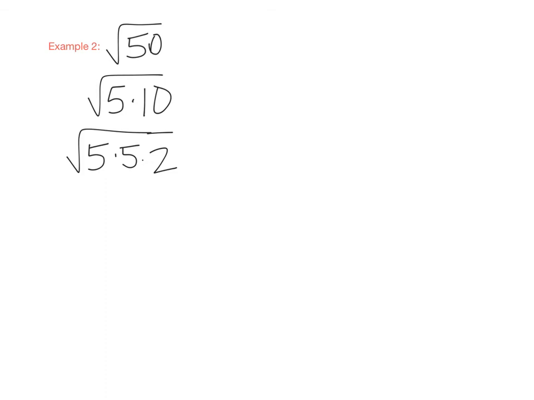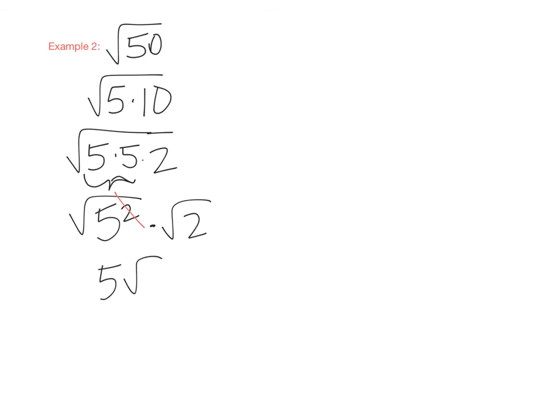Well, looking at this, we have a pair of 5s, right? Following kind of the second explanation in our previous problem, we could rewrite that as 5 squared. And we still have this square root of 2. And we know that squared and square root cancel out, so we're left with 5 square root of 2.